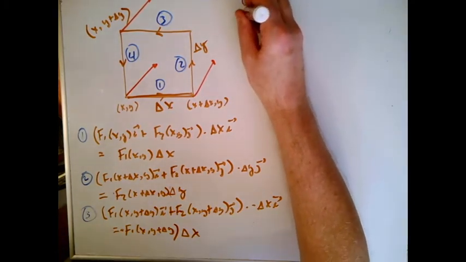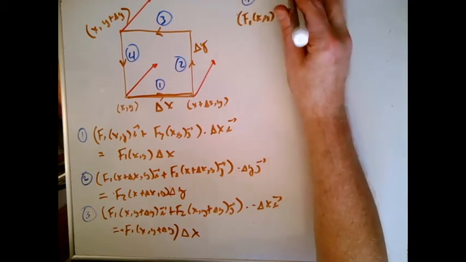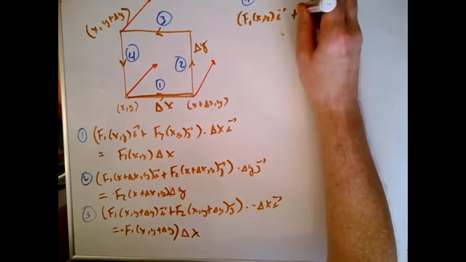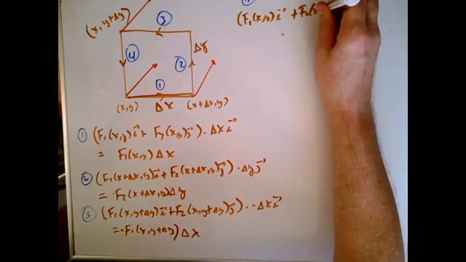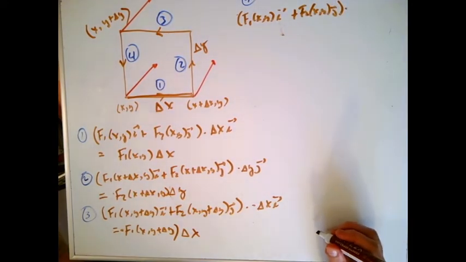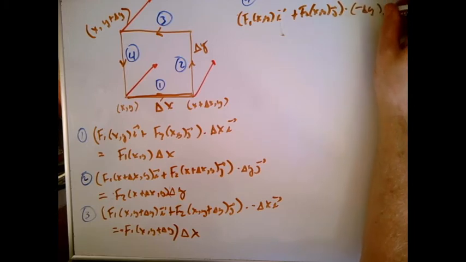So I'm going to get f1 at x, y, i, plus f2 at x, y, j, and I need to dot that with a vector that's going due south and has length delta y, so that's going to be minus delta y j. This is minus delta y j.